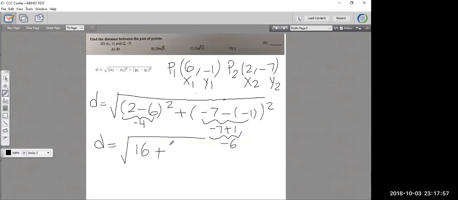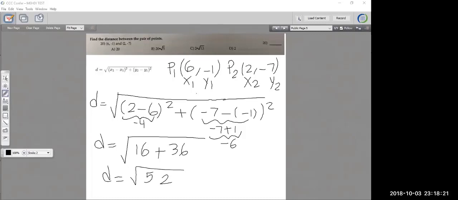So it would be 36. Okay, so the distance would be the square root of, we add these up, 52. So basically you add 16 and 36, and you take the square root of that.